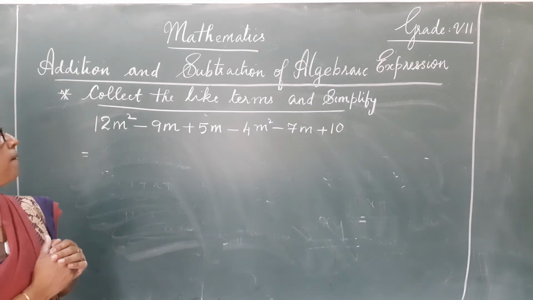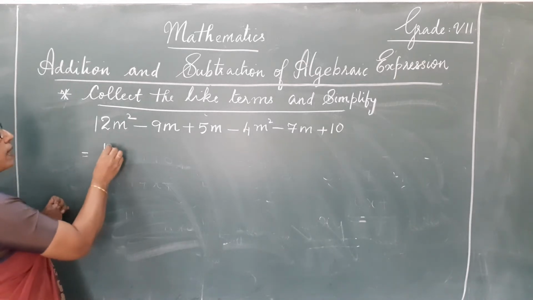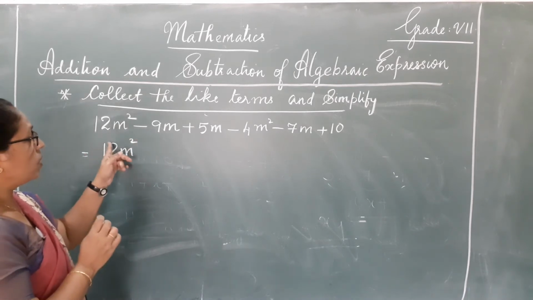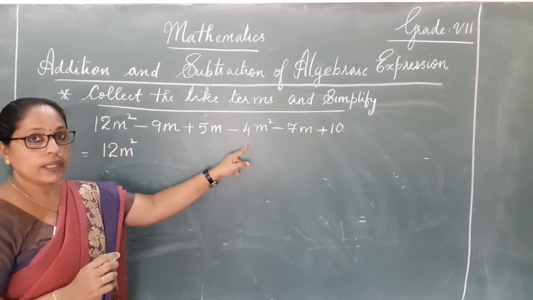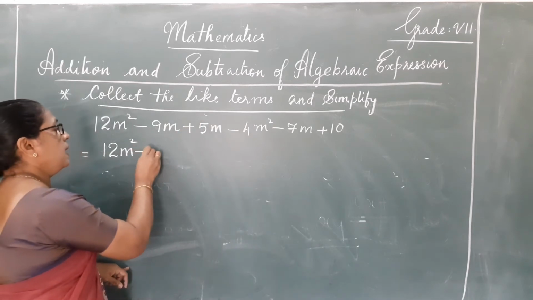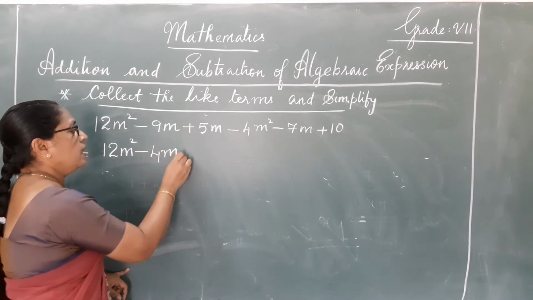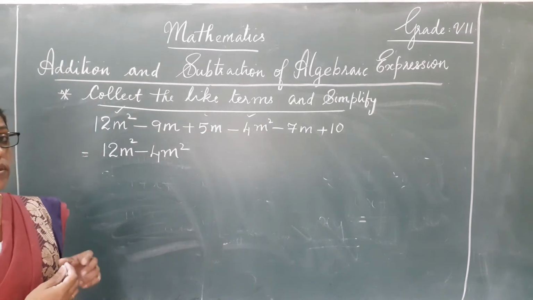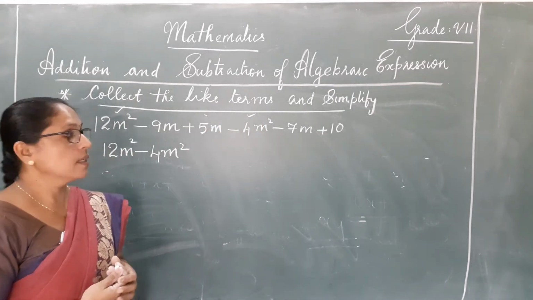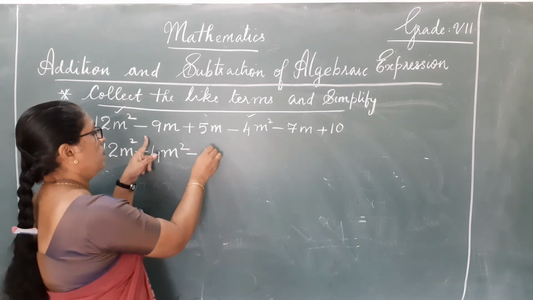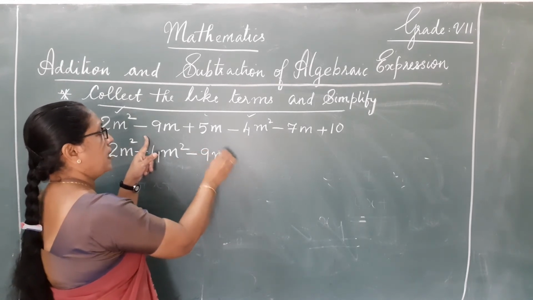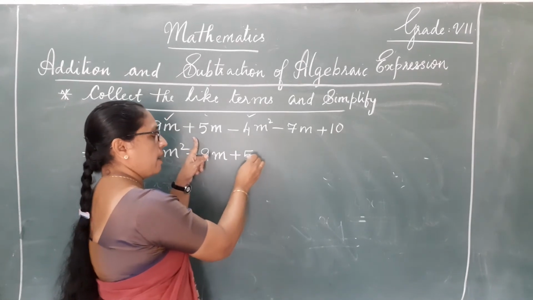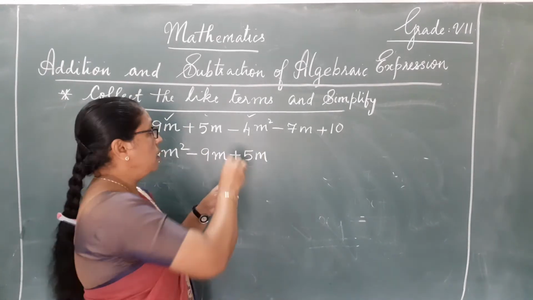Yes, 12m square. That's one term. What is the like term related to 12m square? Yes, minus 4m square. So, 2 terms are over. Correct? Then look at another set of like terms. Minus 9m. Okay? Yes. Plus 5m. Correct? Go ahead.